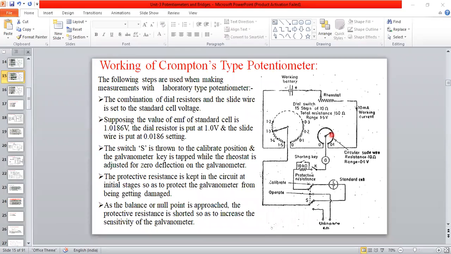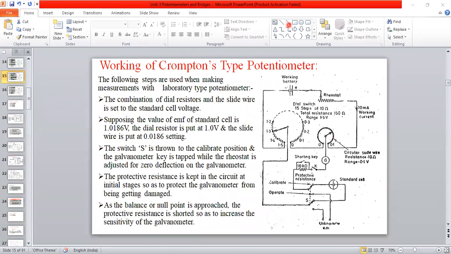It will vary from 0 to 0.1 here. This circular slide wire has a total resistance of 10 ohm.